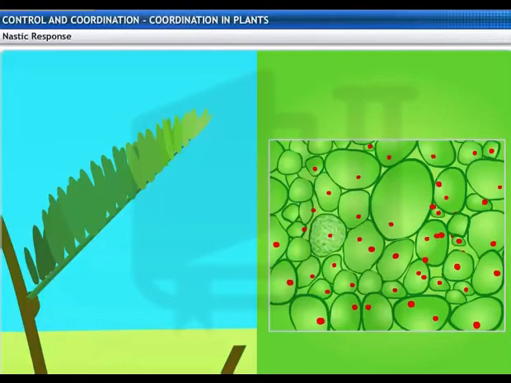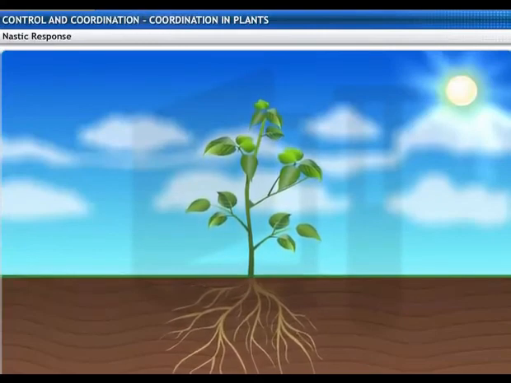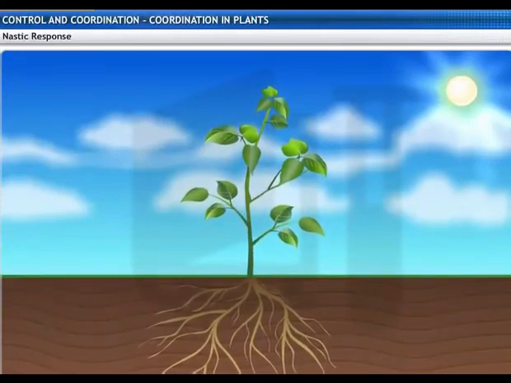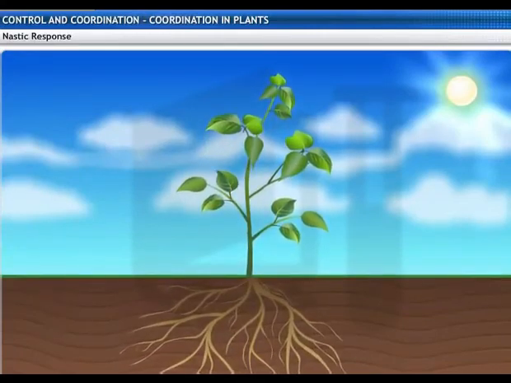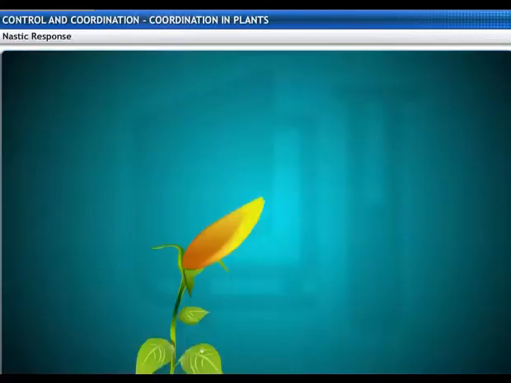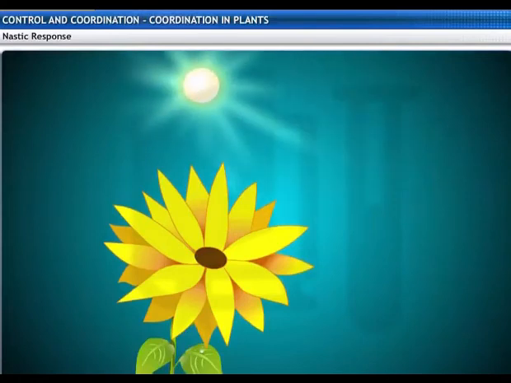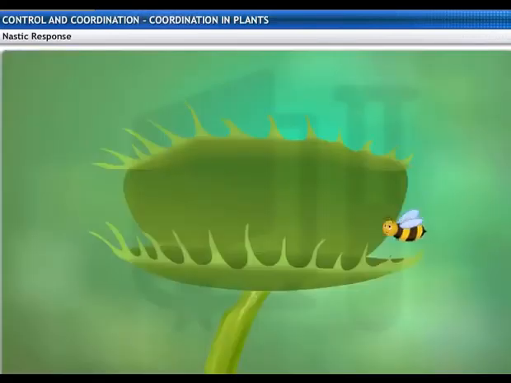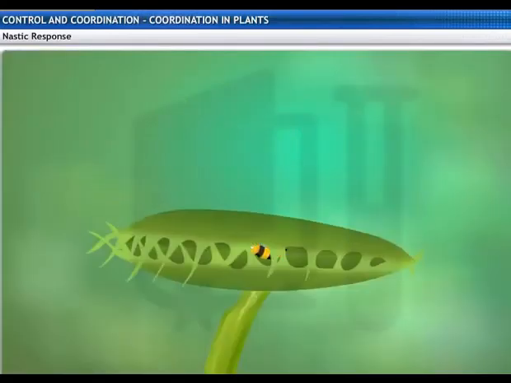This type of response is called nastic response. Unlike tropisms, movements in plants do not occur in the direction of the stimulus. Some other examples are the opening and closing of flowers and the movement of the Venus flytrap.